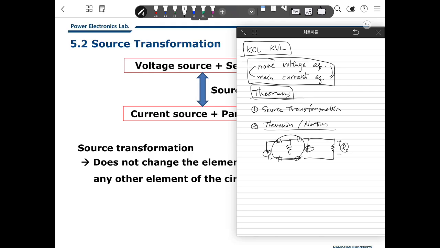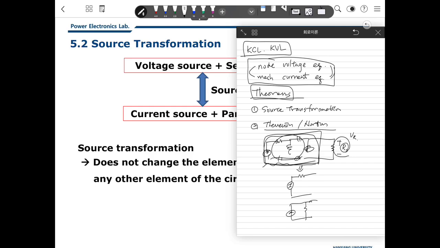My concern is I only want to know the voltage here. In that case, because there are so many elements there, to analyze everything is very complicated. So in this case, we can make this circuit very simple with one voltage source and one resistor, or one current source and one resistor.